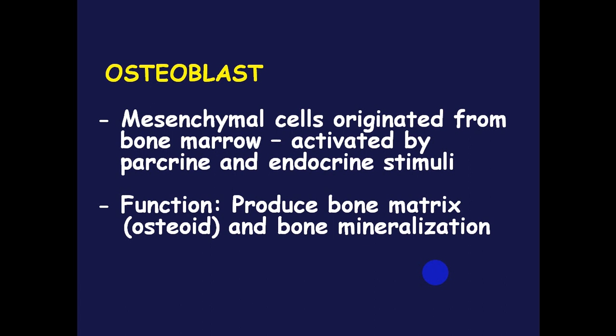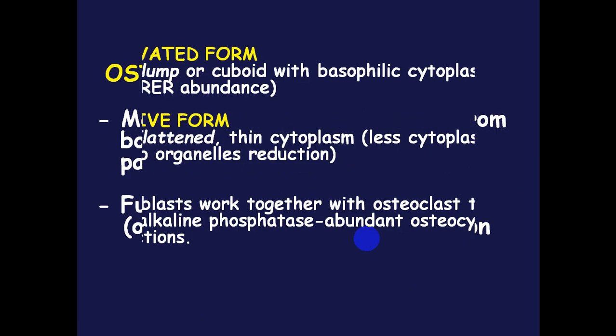And endocrine means stimulation by hormones, in particular two kinds of hormones: parathyroid hormone and calcitonin. The main function of osteoblasts is to produce bone matrix, which we call osteoid, and also bone mineralization.